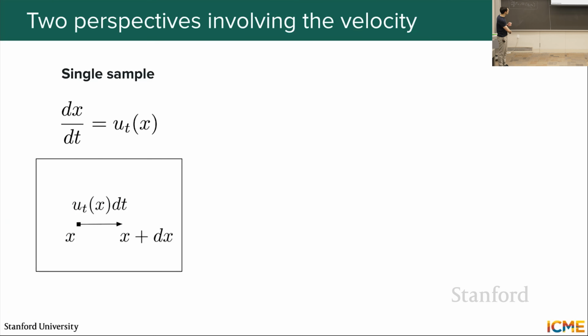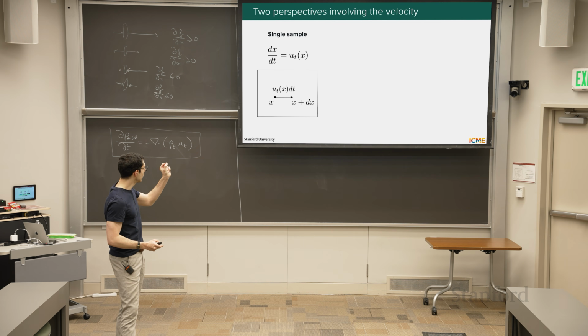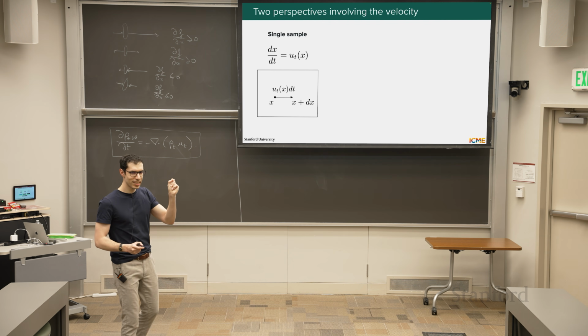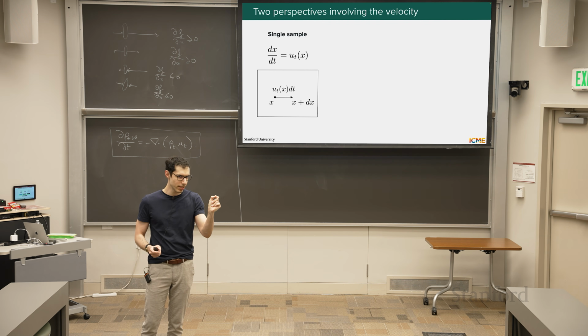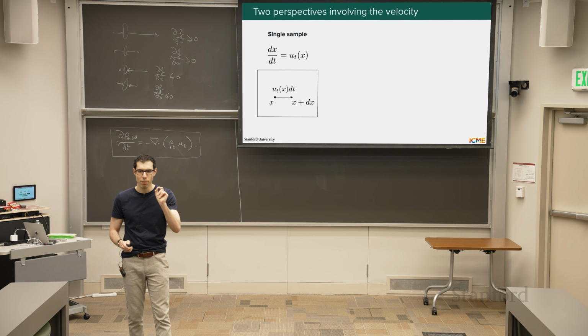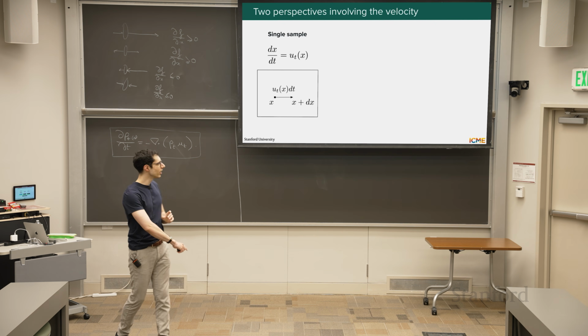So a single sample, you take your sample x at time t, and what you're saying is that how fast that particle is going is given by the vector field at that location at that time. So the distance dx is given by u_t of x times dt. So this is the micro perspective.